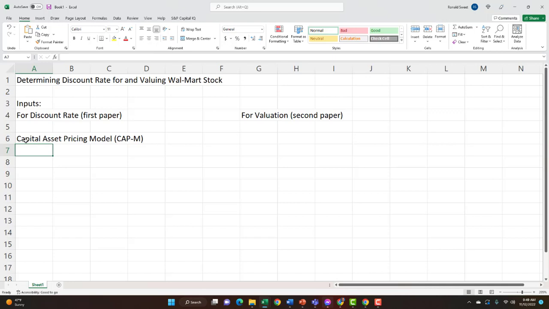But we know that CAPM says the discount rate for stocks, often referred to as KE, equals the risk-free rate plus beta times the market risk premium. So for this paper, we only need three inputs. The risk-free rate, we generally use a treasury yield. Which treasury yield?